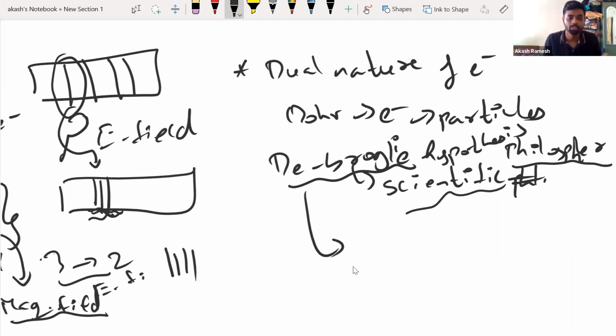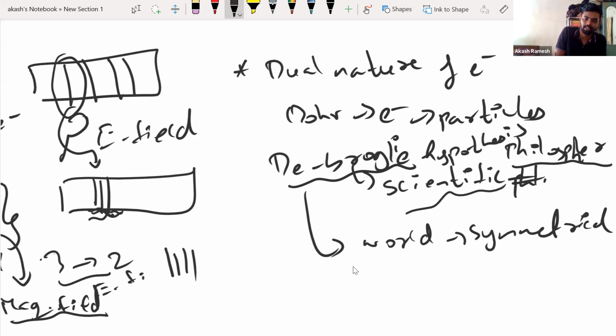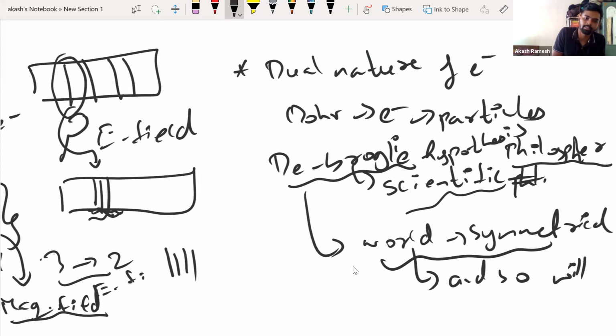So he said the entire world is symmetrical, and so will be light and electrons.